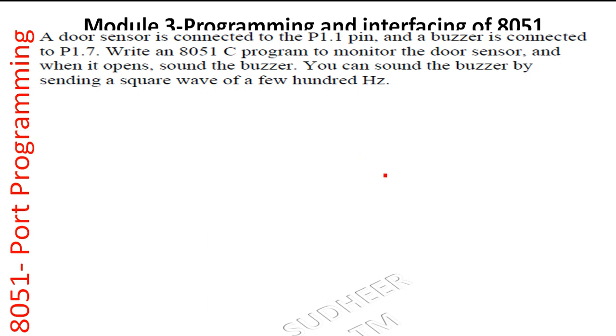So what the question is saying, we have our microcontroller with P1.1, so we have to monitor this pin. A buzzer is connected to P1.7. How can we drive a buzzer? A buzzer is a device which makes a sound when some voltage or current flows through it.